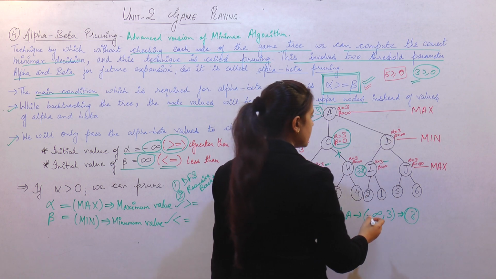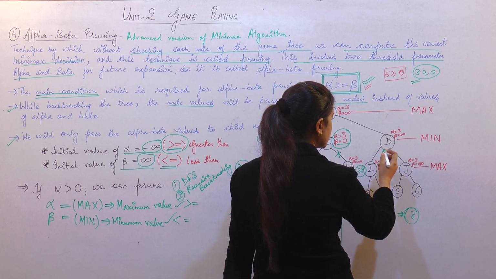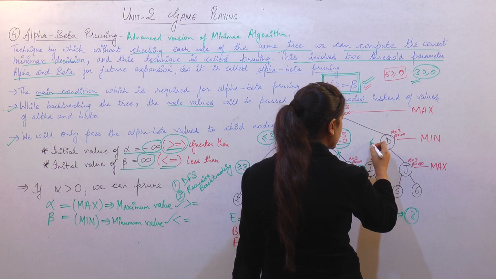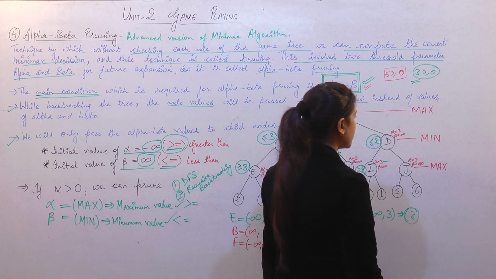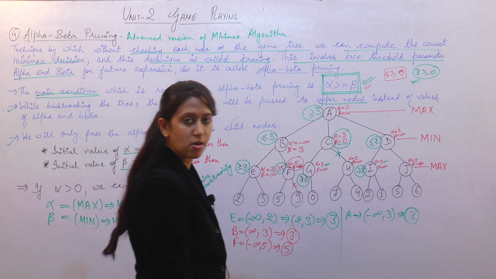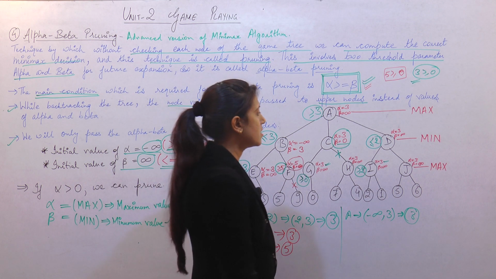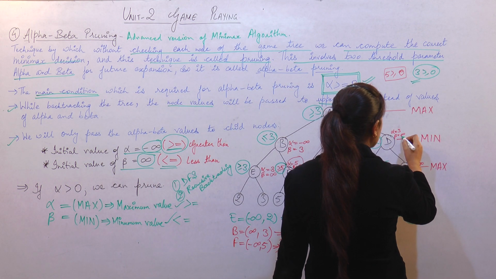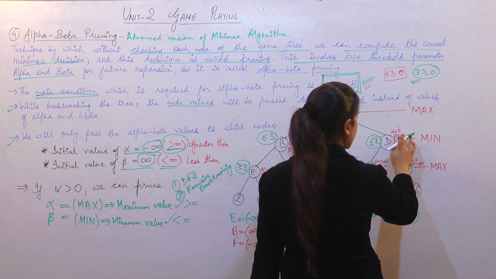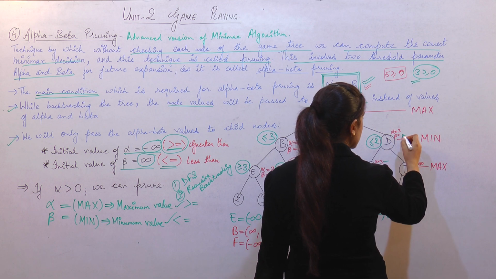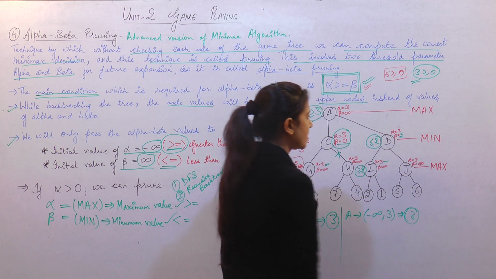Backtracking to node D, we have the node value less than or equal to 2, and here we will calculate the value of beta because min is playing at node D. For min, the value of beta, we have only 2. So the value of beta will become 2.